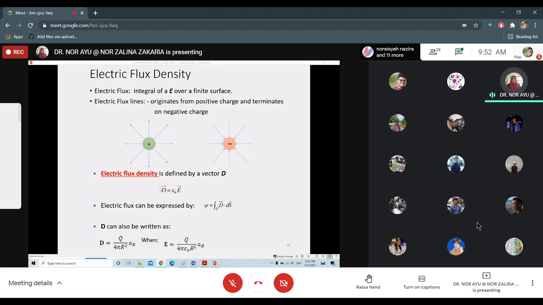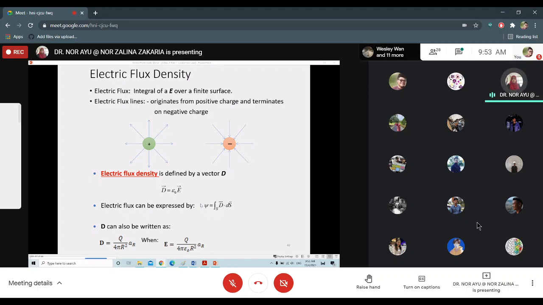Okay, so the equation for this electric flux density is D equals epsilon E. Okay, it is not only epsilon naught, it is epsilon. Alright, or we have only electric flux, and we use this symbol psi, if I'm not mistaken.